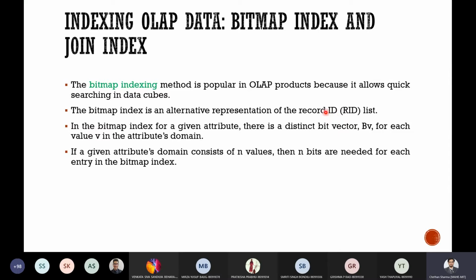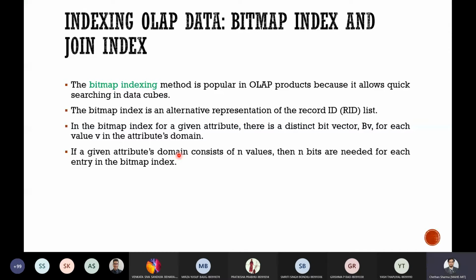In general, in a bitmap index, for a given attribute, there will usually be a distinct bit vector, indicated as B sub V, for each value in the attribute's domain.